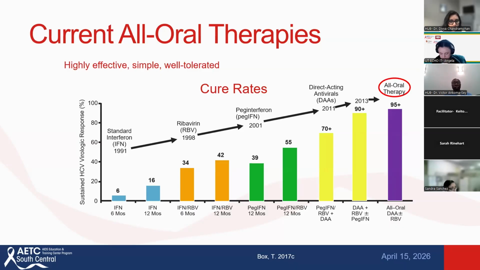And this includes individuals with co-infection with HIV. They still have an extensive success rate and very few side effects. So I encourage patients to start DAAs in their HIV/HCV co-infection population. Next slide, please.